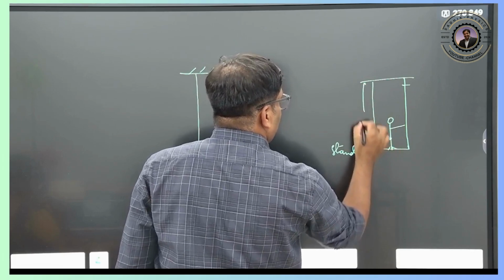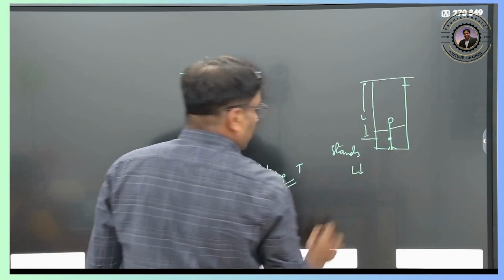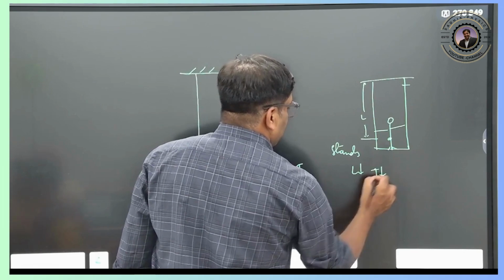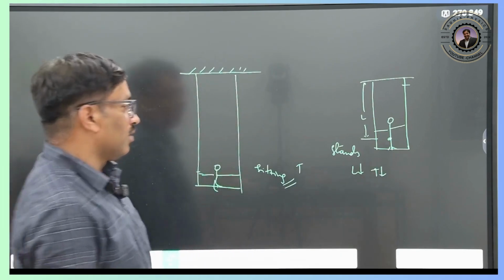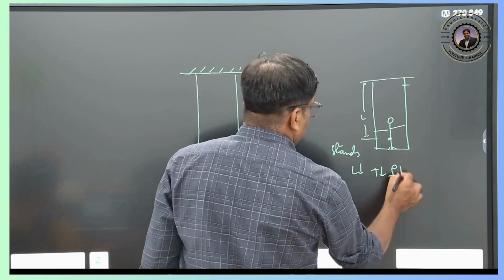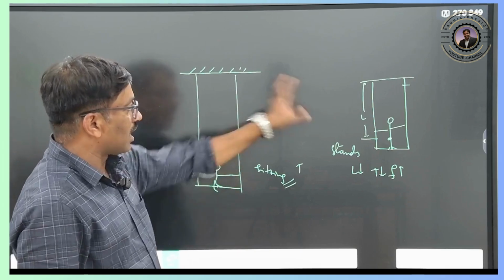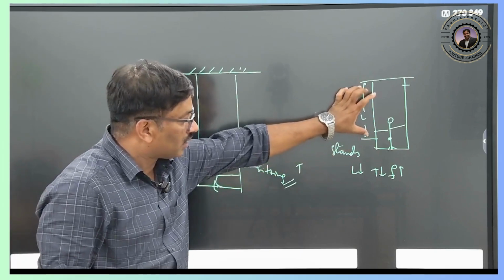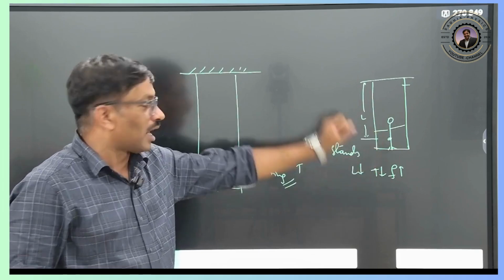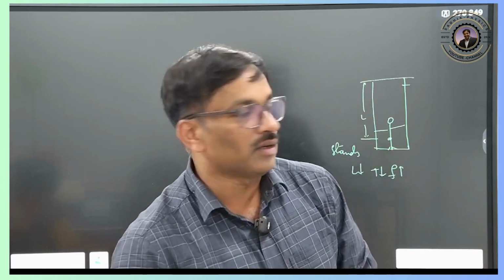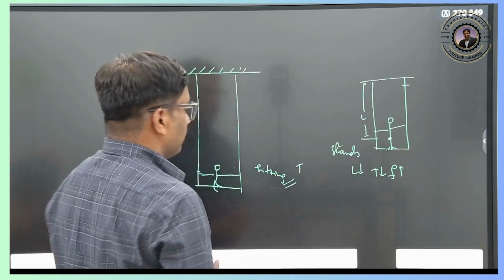So the length will decrease, and when length decreases, the time period will decrease, so frequency will increase. Whenever he is sitting, the time period is T. Suppose he stands, the length decreases, the time period decreases, and therefore he will do very quick oscillations. Clear?